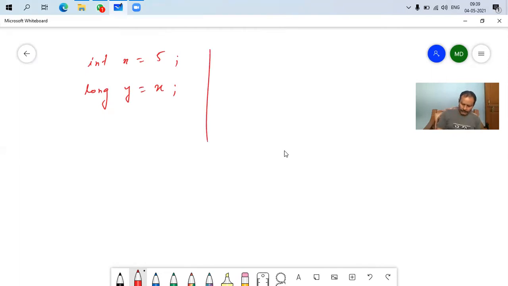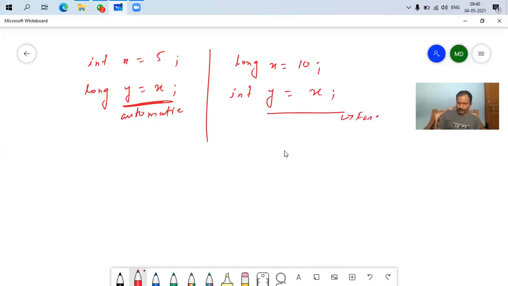Now, if we have defined like this, long x equals to 10, and we want to convert it to int, this is difficult. ये आराम से होगा, automatic. But this we need to apply force. अब यहाँ पे force लगाना होगा.